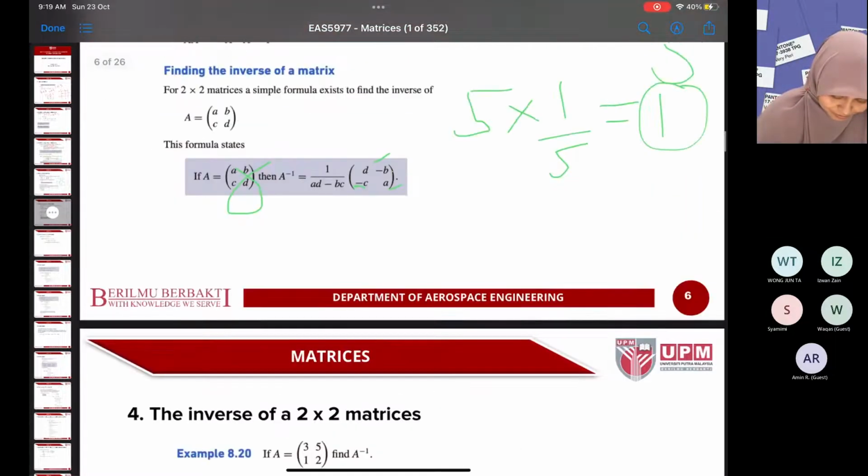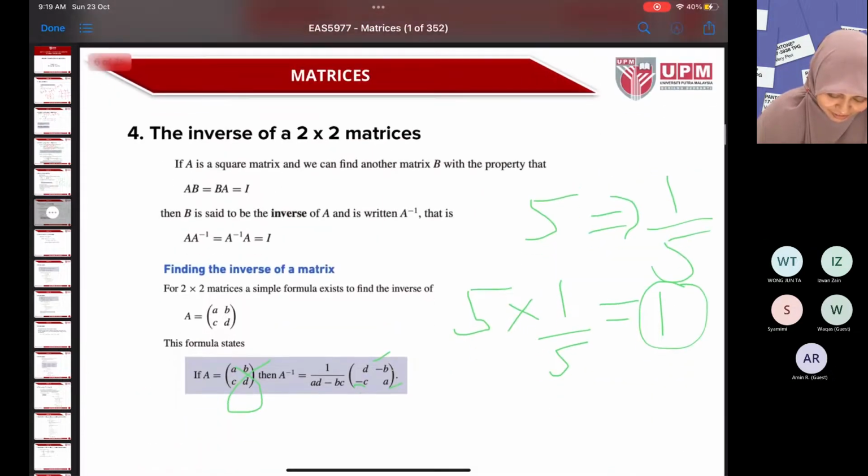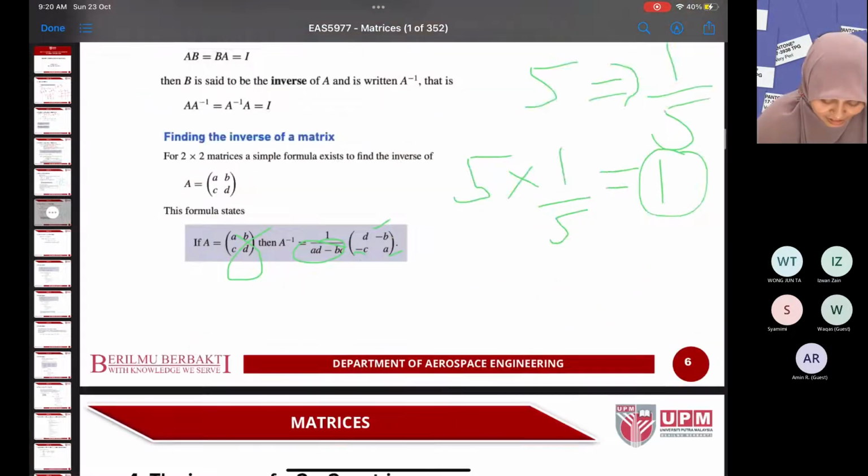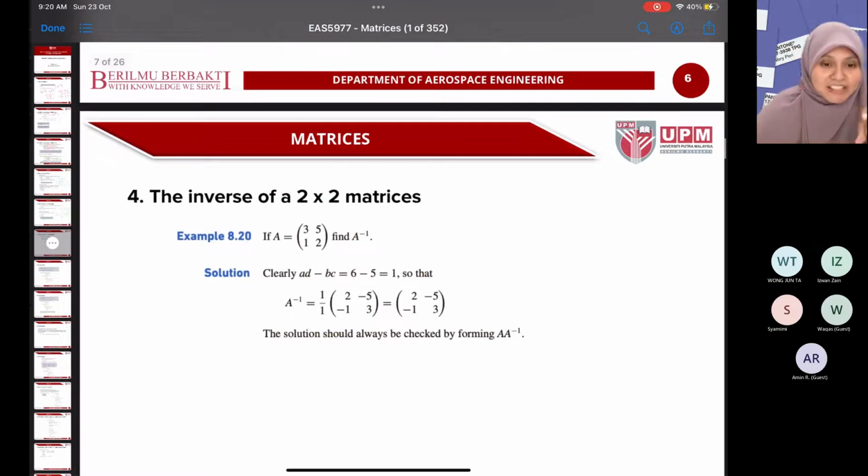Otherwise, this will be infinity, right? If you get AD minus BC equals 0, then we cannot find the inverse of the matrix A, which means the inverse of the matrix does not exist. So we must check AD minus BC first.